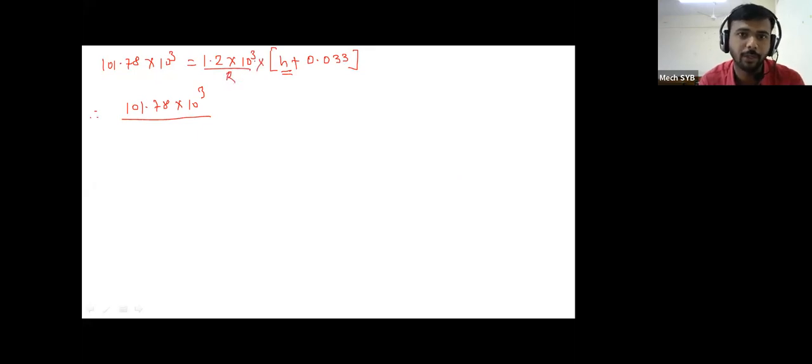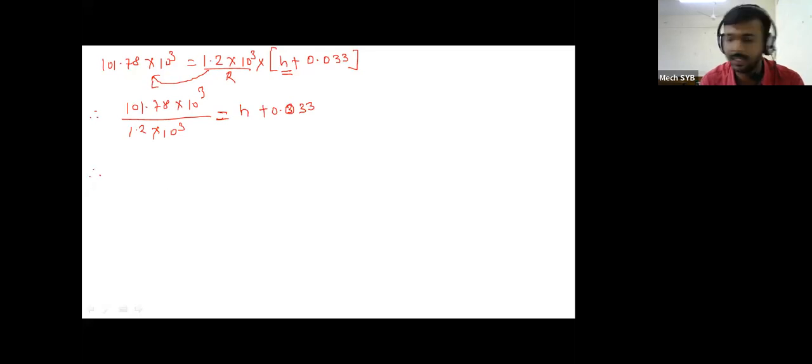If I take this particular term to the left side, here it becomes divide. So 1.2 into 10 raised to 3: when it is in the numerator on the right side, if we take that term to the left side, it goes to the denominator. So it is equal to H plus 0.033 as it is.